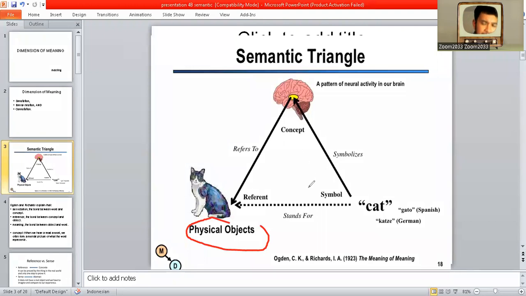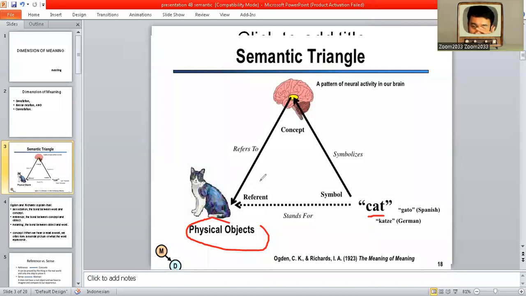So we have the symbol. According to this triangle, it is explained that when we have a concept, we know about the reference. So what is it referred to? And then physical object, reference, and also the symbol.